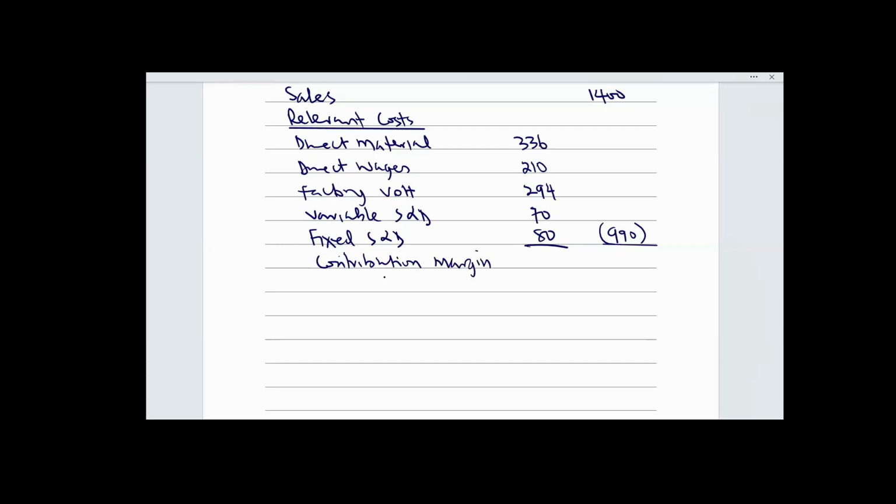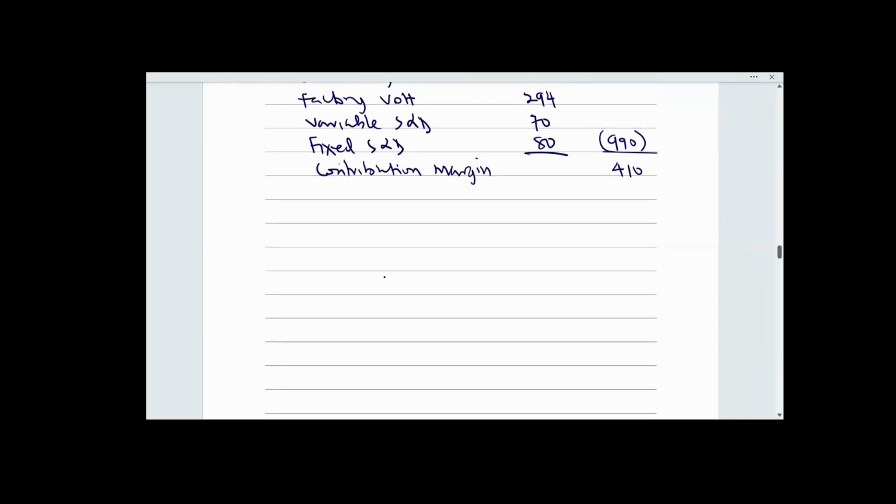Here is 410. Now, after contribution margin, we need to deduct fixed costs to determine profit. I will say factory fixed overhead. The company has incurred fixed overhead of 400,000 naira. Now you are no more producing in Benin and Kaduna.